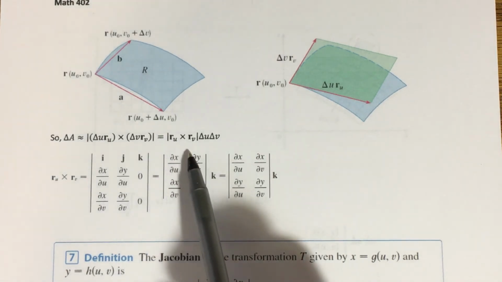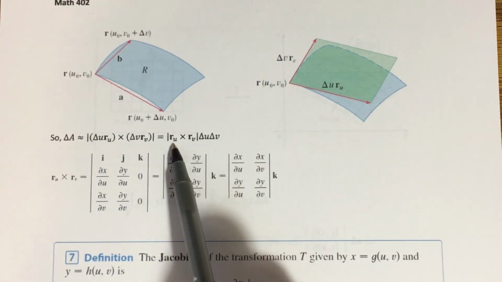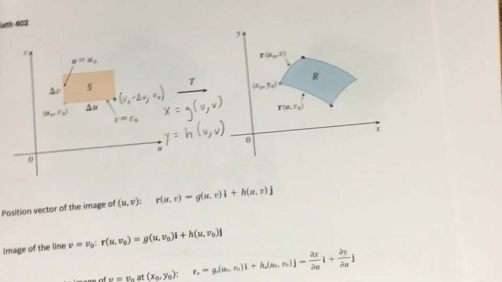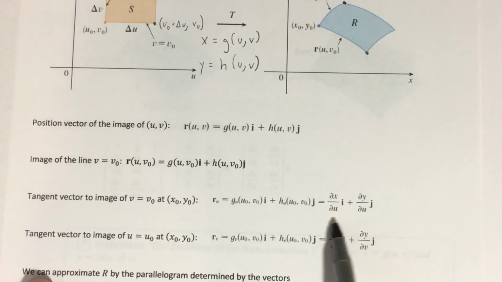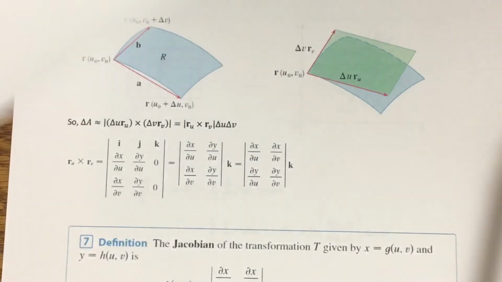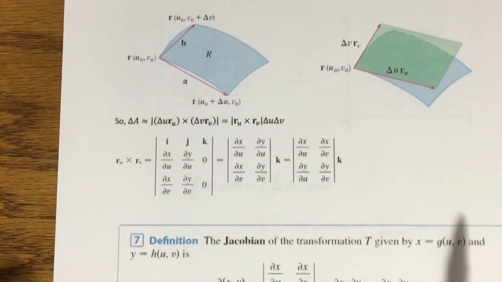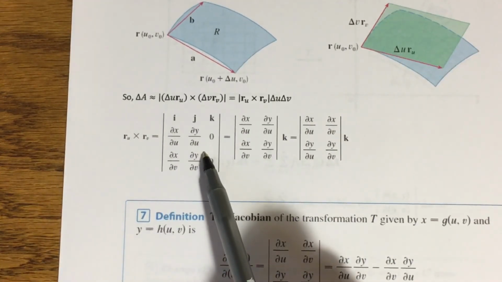So the next thing we want to do is evaluate this cross product. Remember, R_u, coming back over here, can be written in this form: partial of x with respect to u, i, plus partial of y with respect to u, j. So if I wanted to find a cross product for those two things, it would look like this determinant.